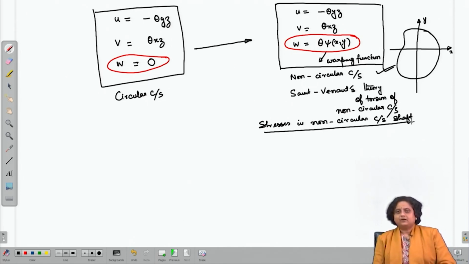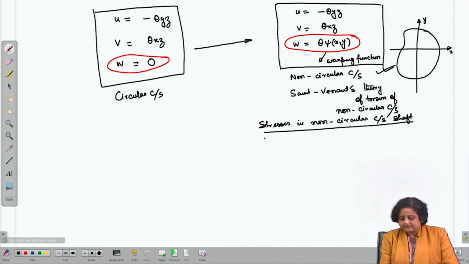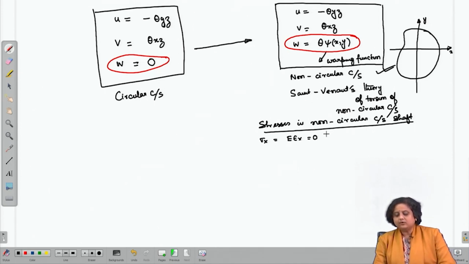So, let us see our sigma x, which is E into epsilon x, is going to be 0, because del u by del x is equal to 0.